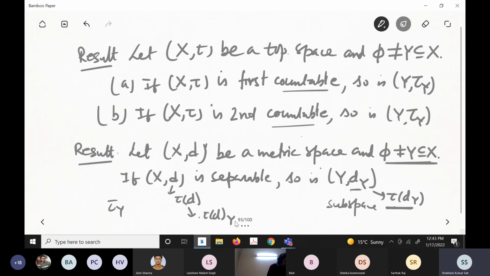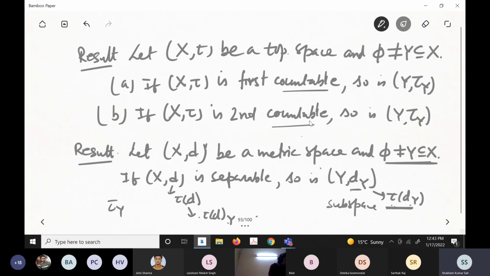If I know these two are the same, then it is easy to prove. Why? Look, if you use the previous statement, I can tell you briefly: if X is separable, then it is second countable.